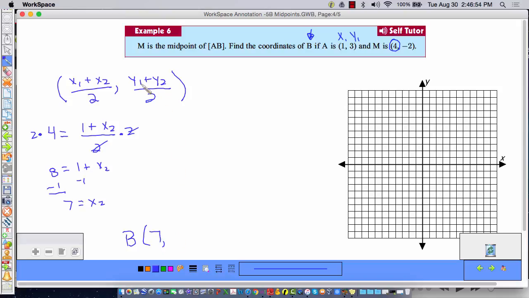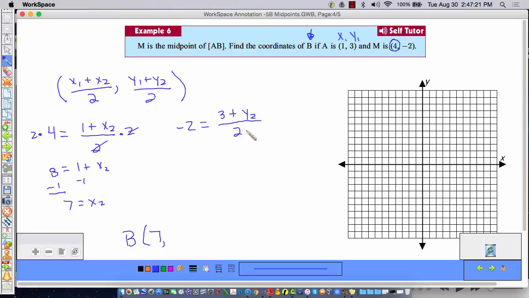And then I do the same thing for y. I know that the y-coordinate of the midpoint is -2. So -2 is equal to, again using this formula, the y-coordinate of A is 3, so that's 3 plus y2, divided by 2. It doesn't matter which one's y1 or y2. You just have to decide and then go with it.